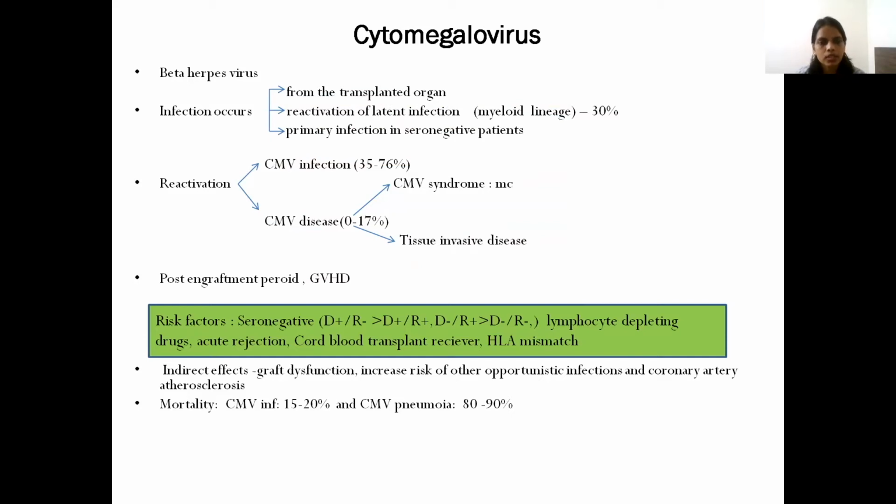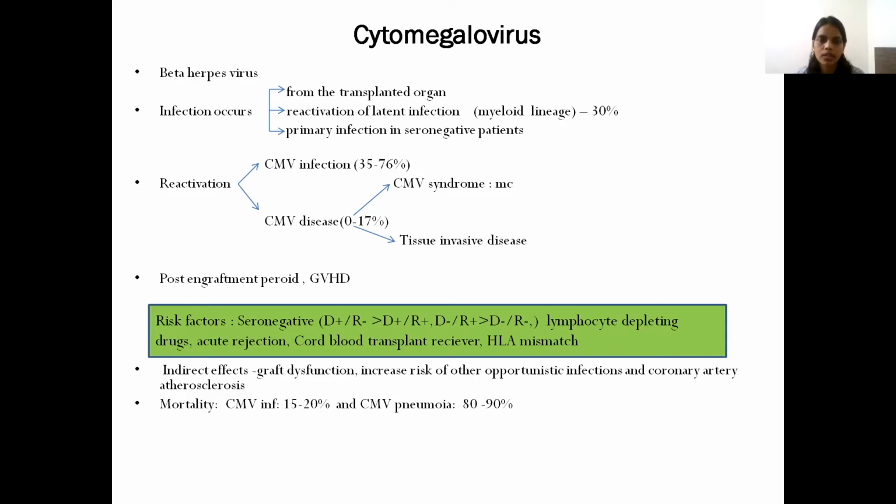And when we consider the risk factors, the highest risk is seen in a post-transplant patient when the donor is seropositive and the recipient is seronegative. So it is higher than when both are positive and when both are negative. Then when the recipient is using lymphocyte depleting drugs, there is also high risk for CMV infection.